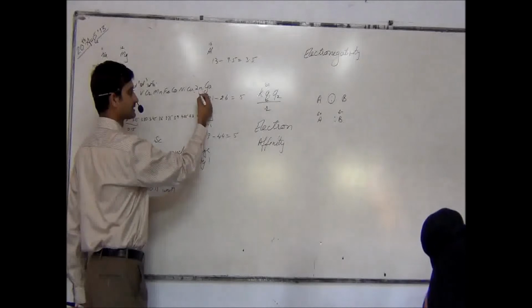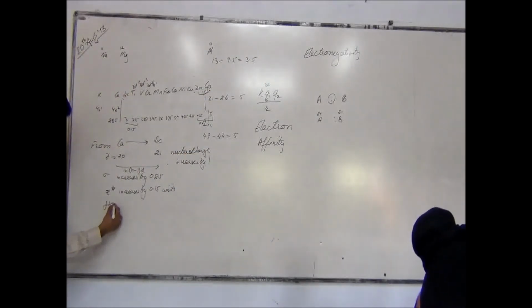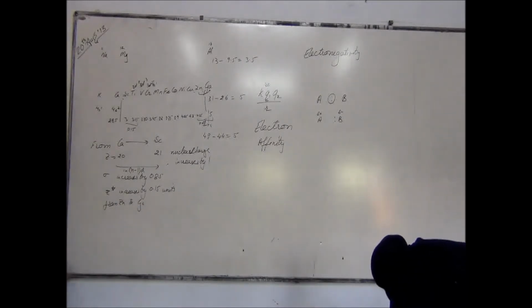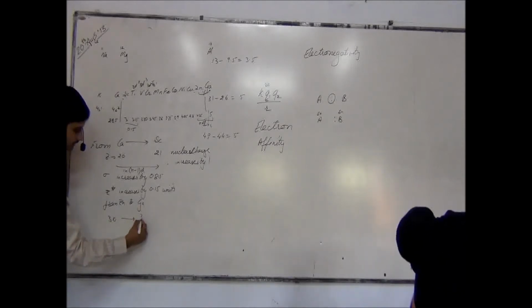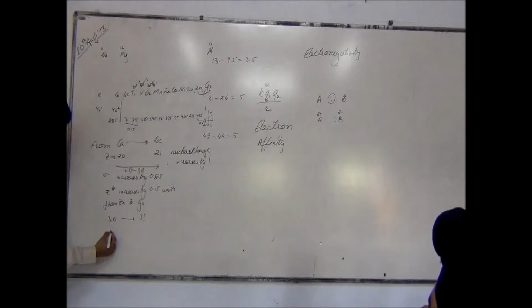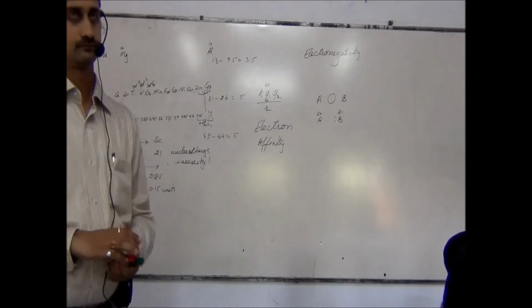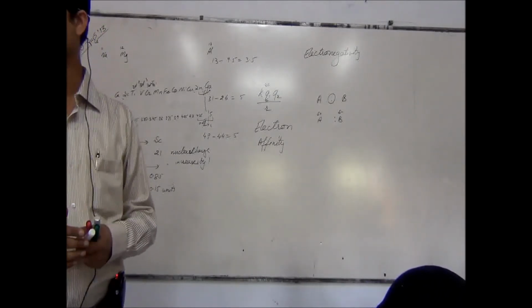But when we move from zinc to gallium, the increase is 0.65. Zinc to gallium, atomic number increases from 30 to 31. The electron has been added in the outermost orbital.